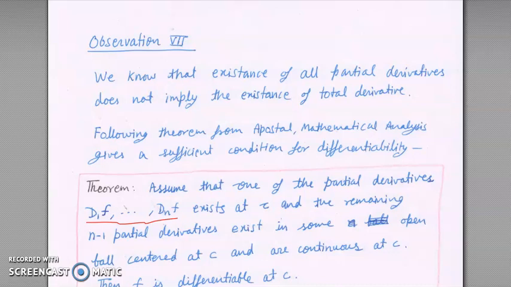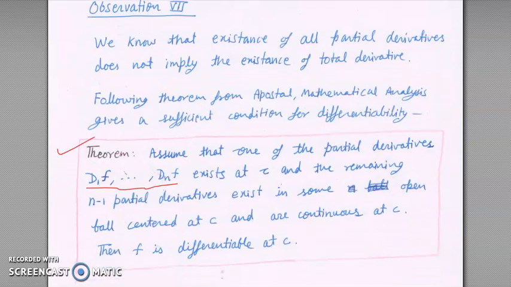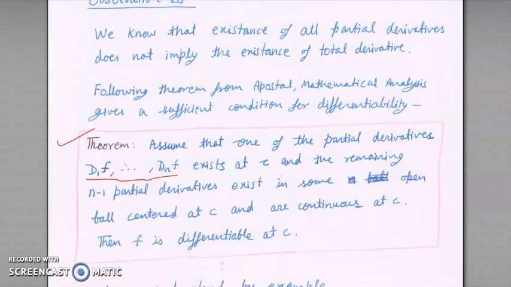So let us start. This is a theorem which has been taken from the book of Apostol, Mathematical Analysis. This theorem says that suppose f is a function of n variables and C is an interior point of the domain.